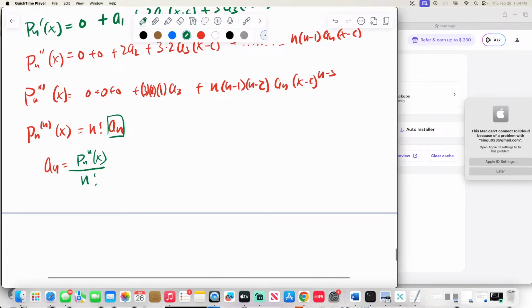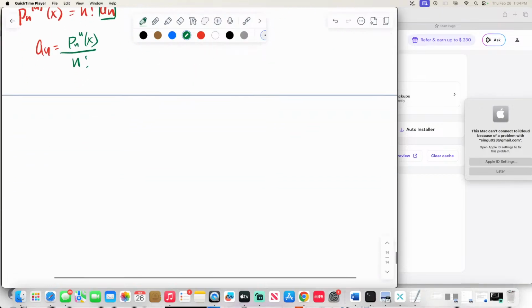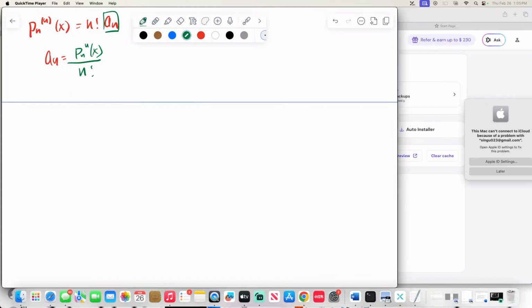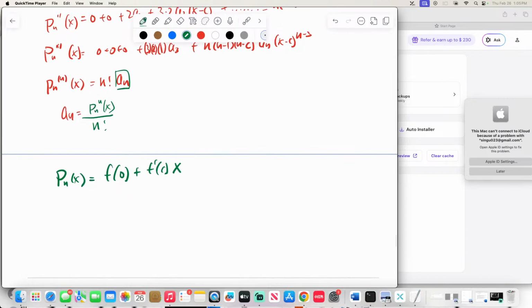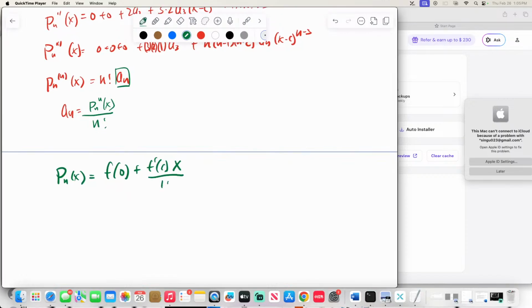Okay, so yes, I agree with you. You're going to take a nap, but I need you to stay awake. So this becomes, there are 2 types of series. This one turned into the Taylor series or Maclaurin series. The only thing that you really need to know is this. Pn of x is equal to f of 0, where we assume that c is equal to 0, plus f prime of 0 times x, just like what we're doing, because this is over n factorial, this is over 1 factorial, right?